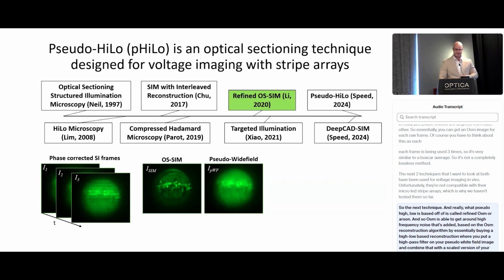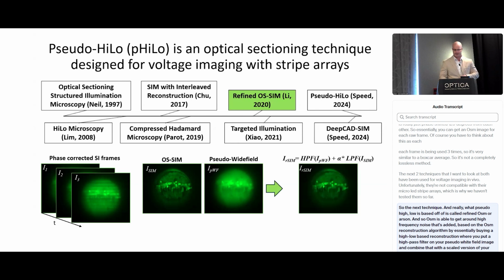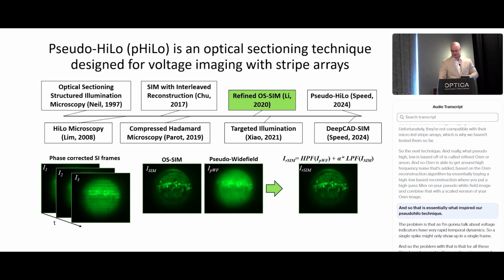It gets around high frequency noise added by the OSM reconstruction algorithm by applying a HiLo-based reconstruction, where you put a high-pass filter on your pseudo-wide field image and combine that with a scaled version of your OSM image. That is what inspired our pseudo-HiLo technique.